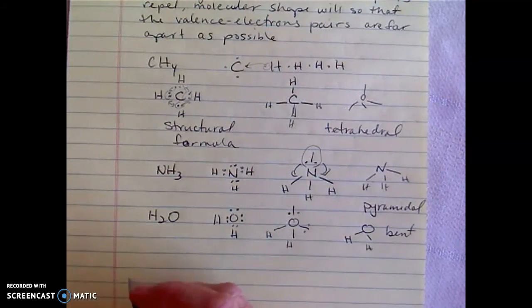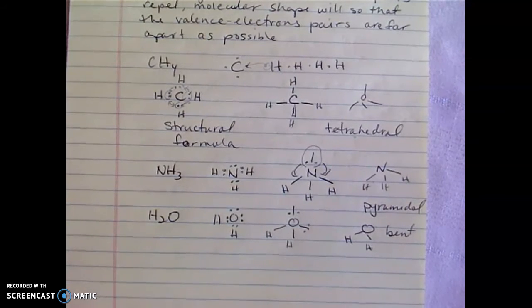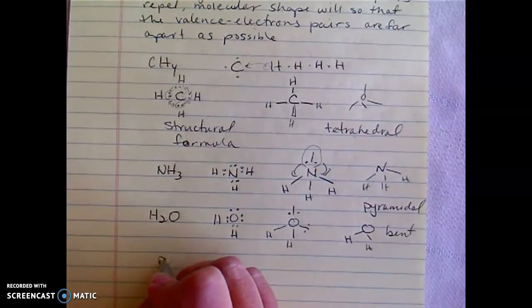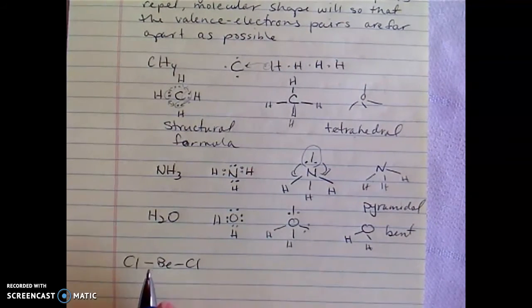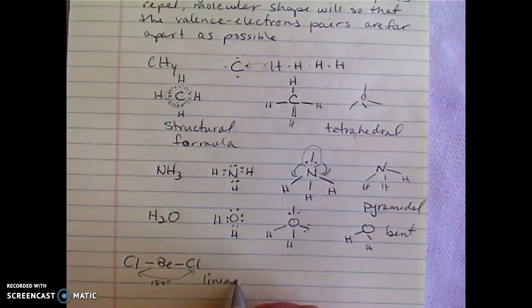Now, I'm trying to think of, you could have what they call a linear triatomic. That would go straight in a line, but that would be something where, like BeCl, okay, which is an exception to the rule. It has just 2 electrons there. In order, if we wanted to get chlorine as far apart as possible, it's 180 degrees. That makes it linear, not bent.